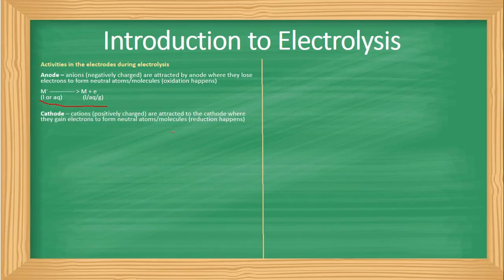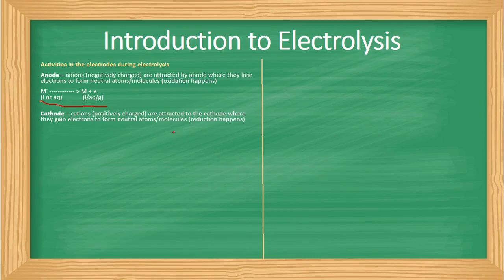At the cathode, the positively charged ion, which is the cation, is attracted to the cathode. Remember, the cathode is the negative electrode, and here they gain electrons. Remember, they had lost electrons to become ions. So to come back to being atoms, they will have to gain those electrons. So they gain electrons to form atoms or molecules.